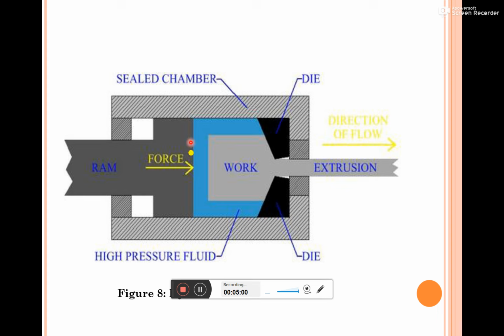Then the metal extrusion die is located at this point, and by using the ram, the force is applied over the high pressure fluid, and this high pressure is transferred to the workpiece. That makes the workpiece flow through this die orifice, and the workpiece attains the cross section of the die. That is how we manufacture the component by using the hydrostatic process.